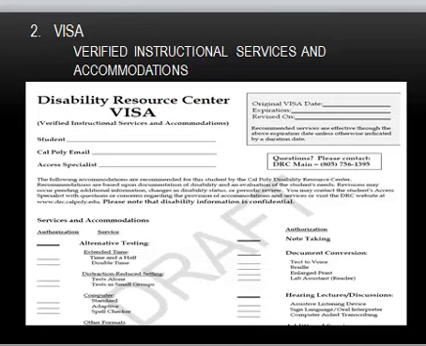Next slide. Number 2. VISA, which means Verified Instructional Services and Accommodations.